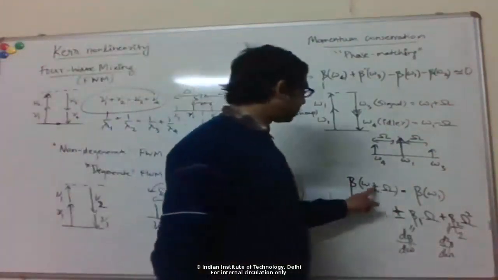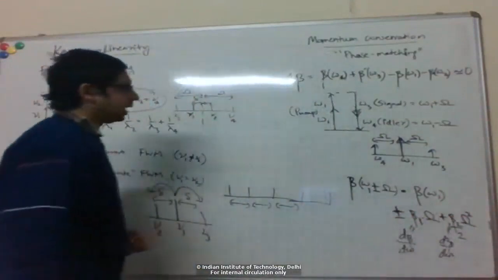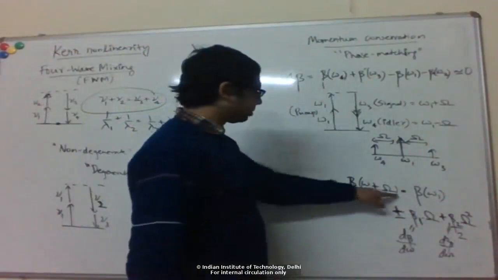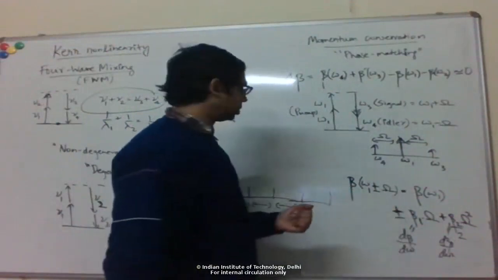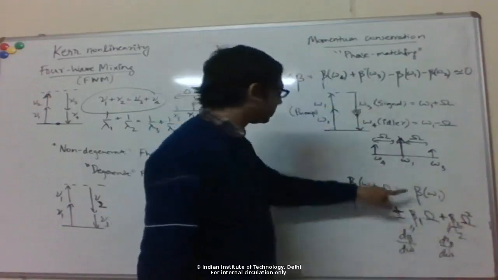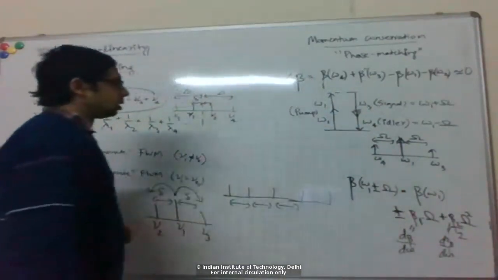And for plus minus, since we take a square, for both we get plus, right? So for beta at omega 4, I can substitute this expression. Omega 4 is just omega 1 plus capital omega. Similarly for omega 3, just the sign change will happen.